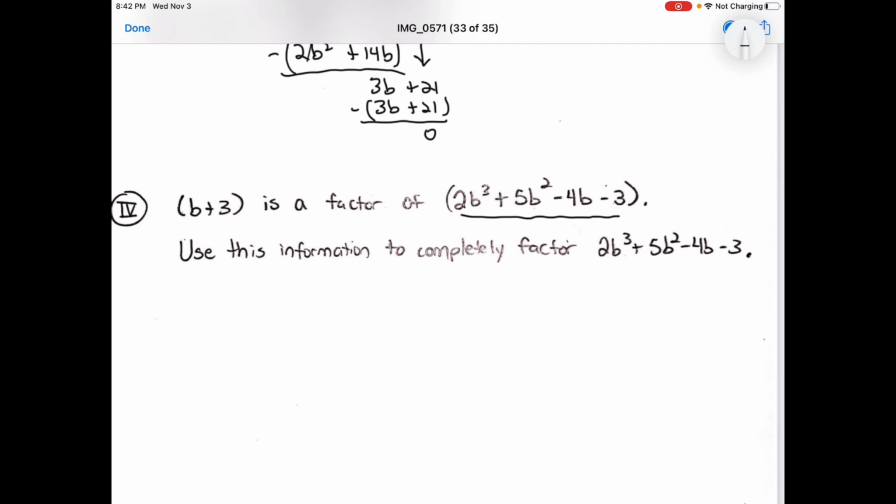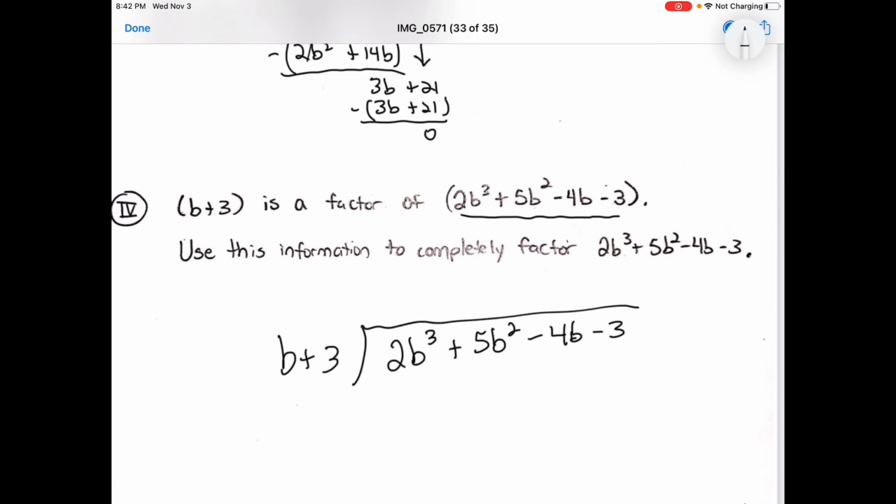All right, so if I know that b plus 3 is a factor, that means when we divide it, we'll have 0 for remainder, but let's divide it and see what's left. See what my quotient is.